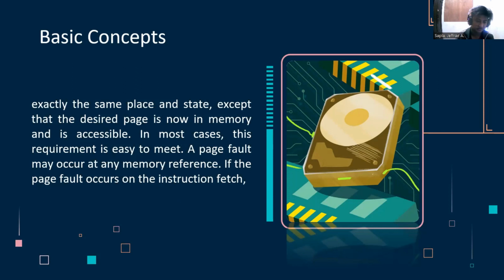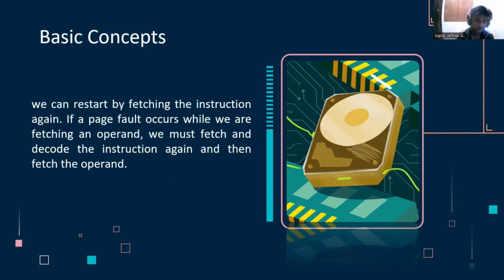In most cases, this requirement is easy to meet. So a page fault may occur at any memory reference. If the page fault occurs on the instruction fetch, we can restart by fetching the instruction again.